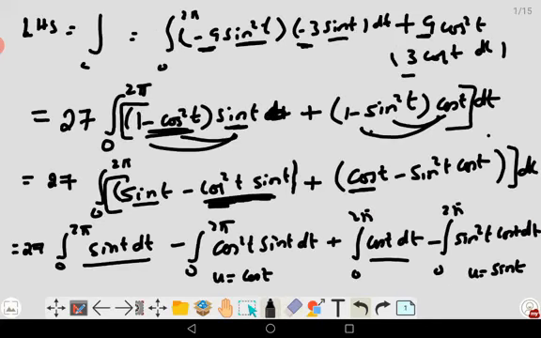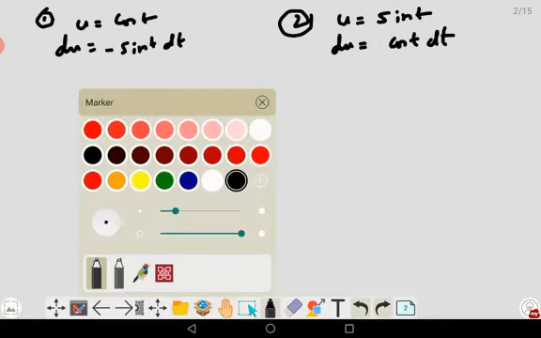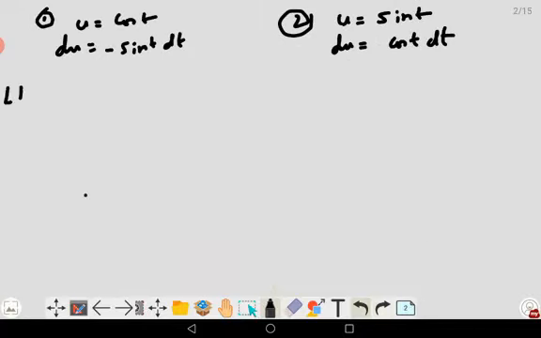Fine. Let's go back and check the integrations. Now this will be u square, isn't it? Minus, this will be clubbing with the sin, minus sin t dt will be du. So it will be positive, the first two terms. Therefore, the left hand side, LHS, goes like this. 27 is a constant outside.